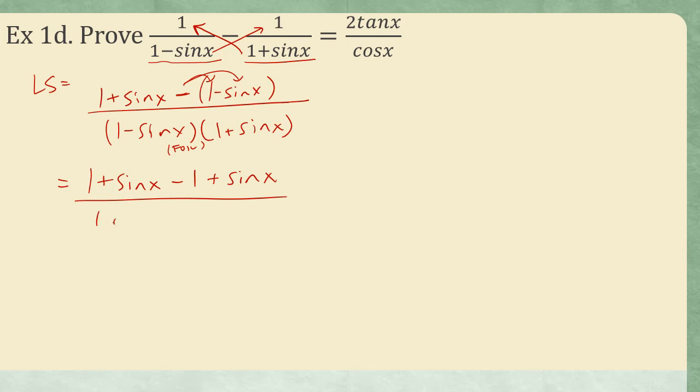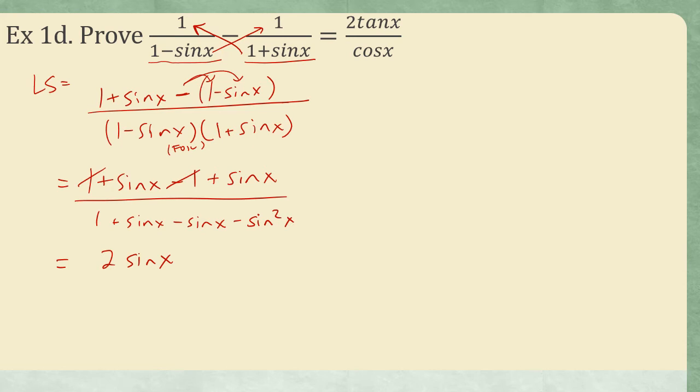Outside, sine x. Inside, negative sine x. Last terms, minus sine squared x, right? Negative sine x times positive sine x is negative sine squared x. Collect like terms on top. Well, 1 minus 1, okay, they're gone. Sine x plus sine x gives me 2 sine x.